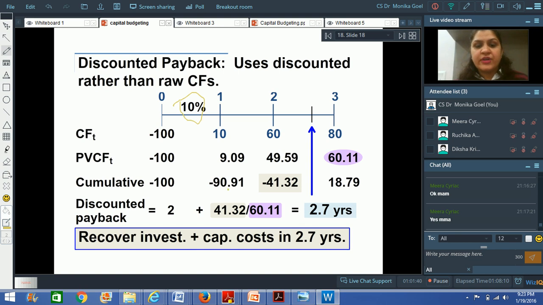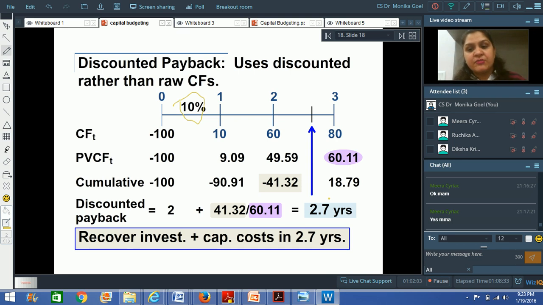Again, the same technique of the payback method I will use. I will find the cumulative cash flows. In year 0, my outflow is 100 rupees. Then in year 1, I'm getting 9.09. So I reduce 9.09 from 100 rupees and my cumulative cash outflow is right now 90.91.